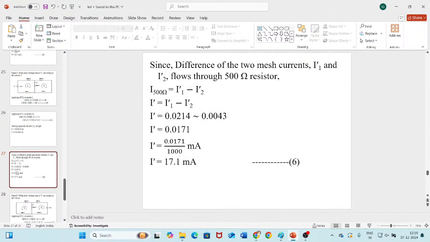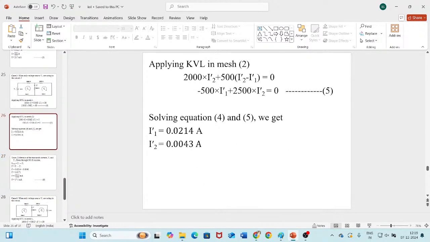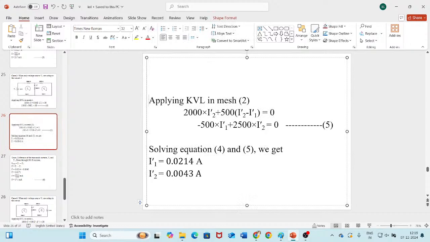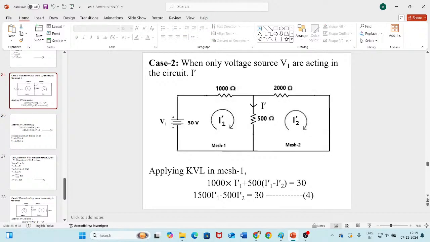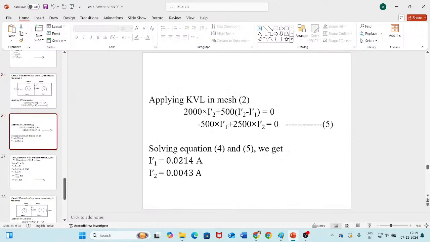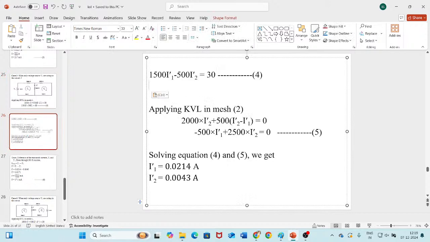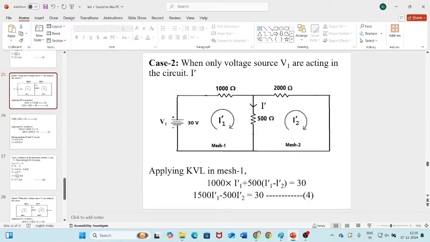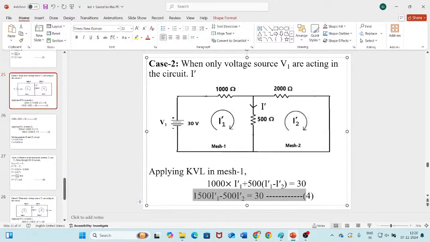Where is case 2? Yeah, this is it. I had gone to some other slide. So I can expand this expression. One more equation I can write. Here instead of 30, I want to write V1.